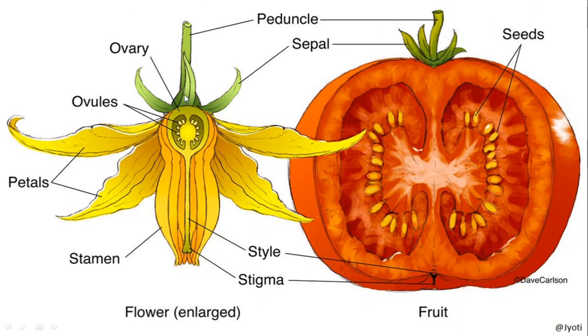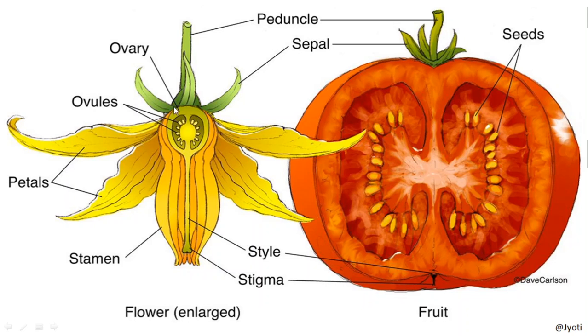The outermost whorl is the calyx that consists of sepals, then petals, then androecium, then at the center the gynoecium is present. The gynoecium consists of the carpel. The carpel has three parts: stigma, then style, and then ovary.